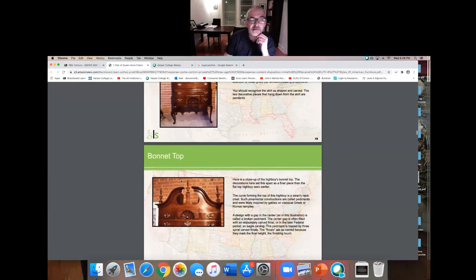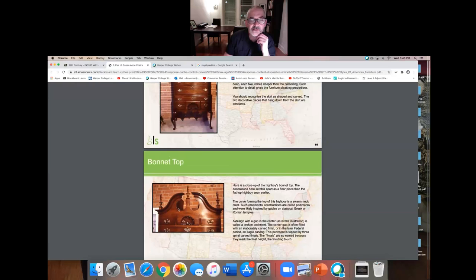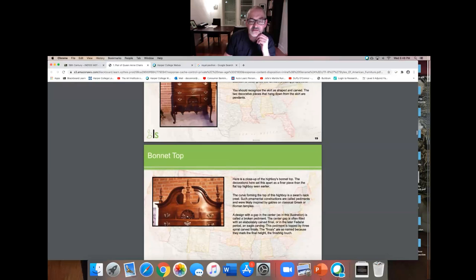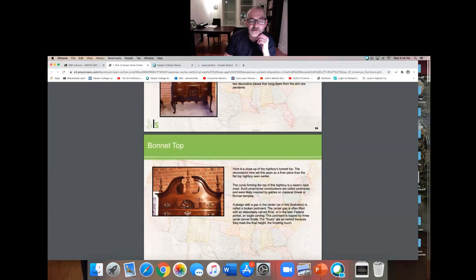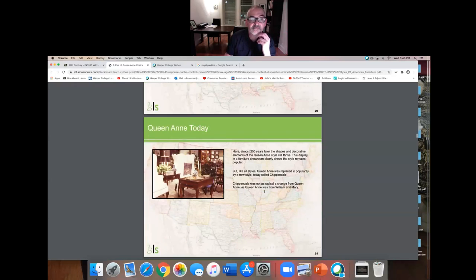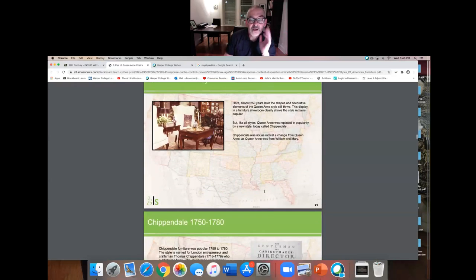In the Americas, like North America, this was called a bonnet top. It's the same thing as a broken pediment, going back to Renaissance, Baroque. Queen Anne is still around today. You'll still see it.